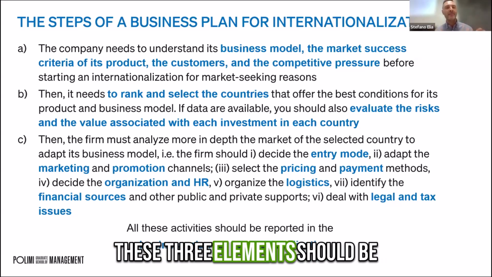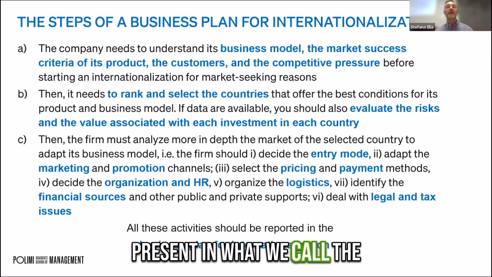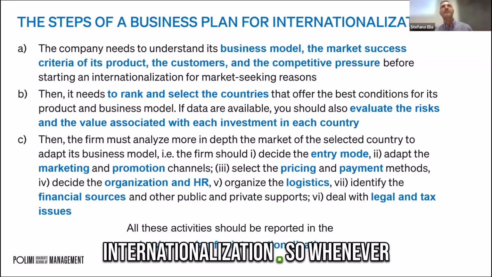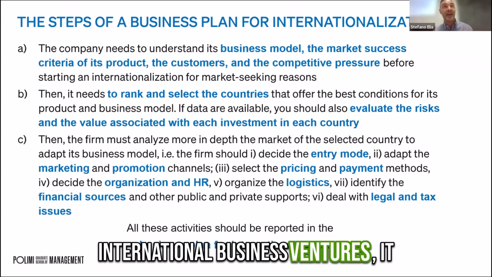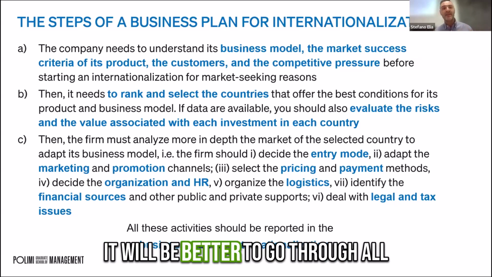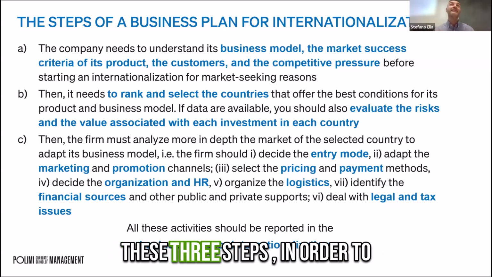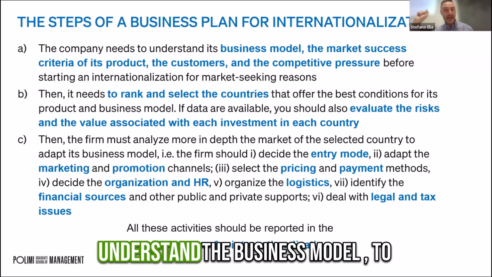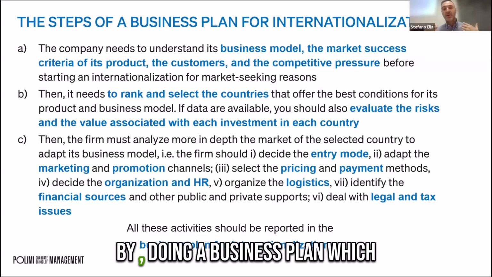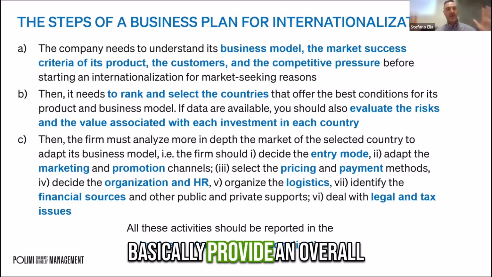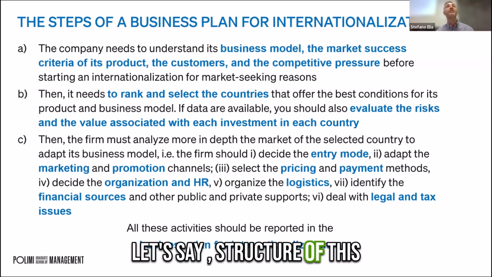All these three elements should be present in what we call the business plan for internationalization. So whenever you are starting an international business venture, it would be better to go through all these three steps in order to understand the business model, to select the country, and then to adapt by drawing a business plan, which provides an overall structure of this process.